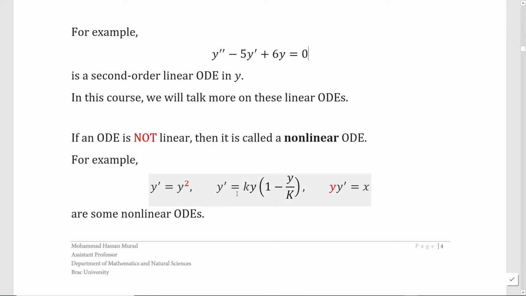For a similar reason, the second equation we see here is also a nonlinear ordinary differential equation. And the third equation, since the coefficient of y prime is a function of y, is not a linear equation, hence a nonlinear equation.